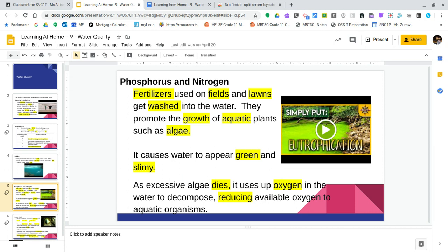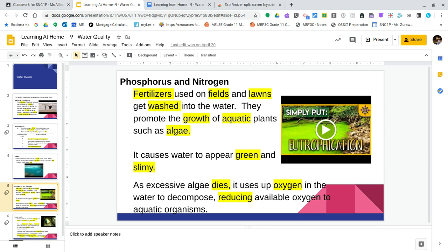What else can we look at? We can look at the amount of phosphorus and nitrogen that's in the water. So things like fertilizers are used on fields and lawns, and then they get washed into the water. What will they do? They can promote the growth of aquatic plants such as algae, and it can start to make the water appear green and slimy. So there's a really good video there you guys will like.